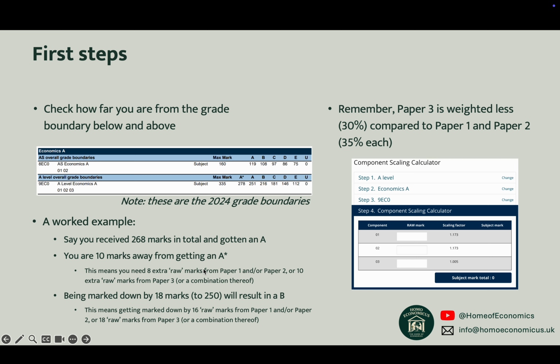How this is useful is because you've got to play the game a little bit. How examiners mark the paper is not like the examiner reads the whole paper and goes, oh, we think the student is an A star student, therefore we're going to give it an A star. Each question is worth a certain number of marks, as you know, and after we mark each question, it's just simple addition.